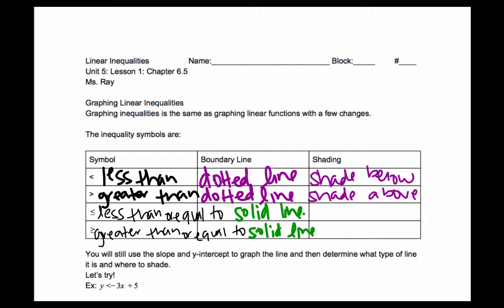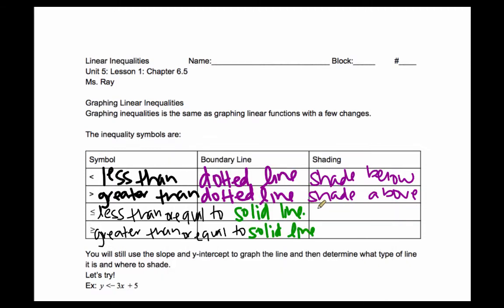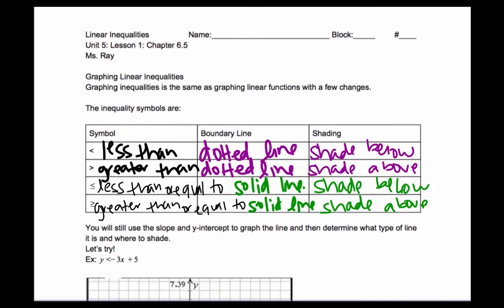For less than or equal to, we are going to shade below also. And for greater than or equal to, we're going to shade above. Okay, so this is a really good reference. You need to know this material, and now I'm going to show you how to apply it.